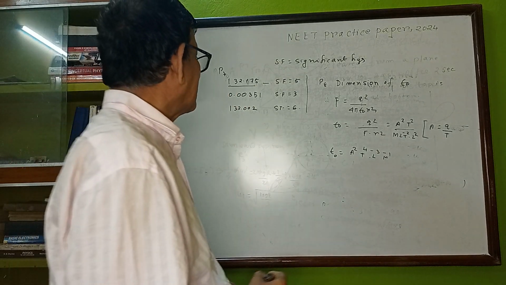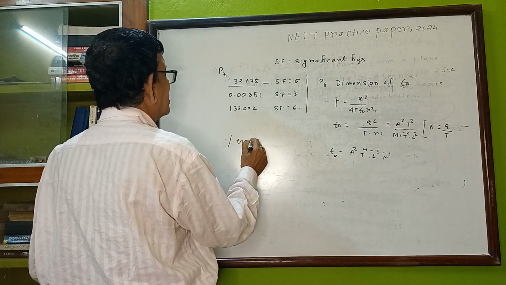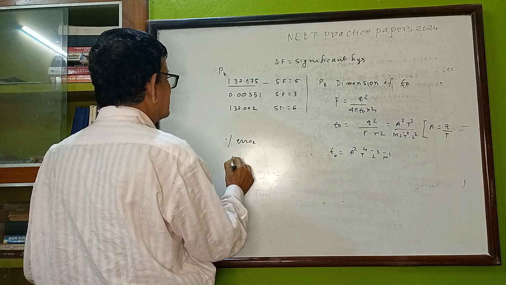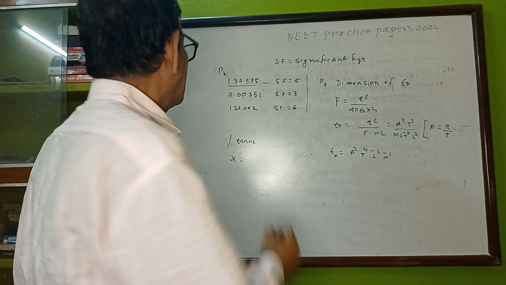Next, another thing, there is a percentage error. Suppose x is the data given. What is a cube b square?